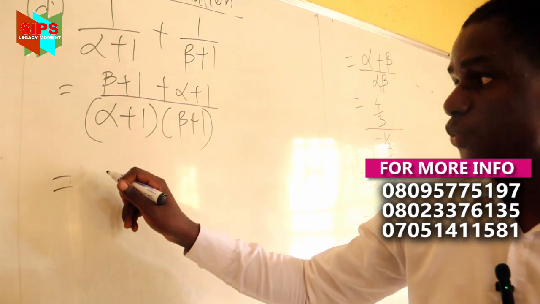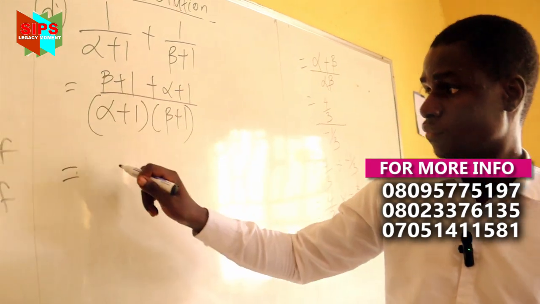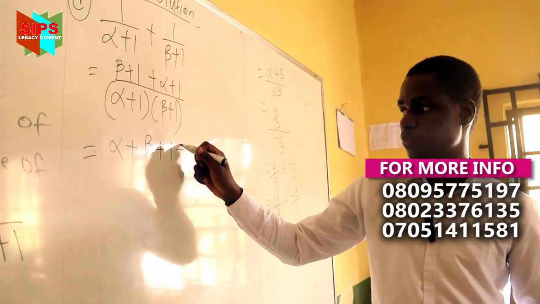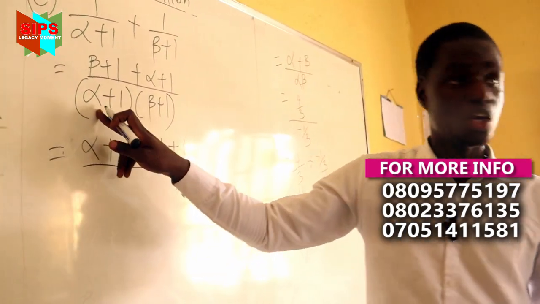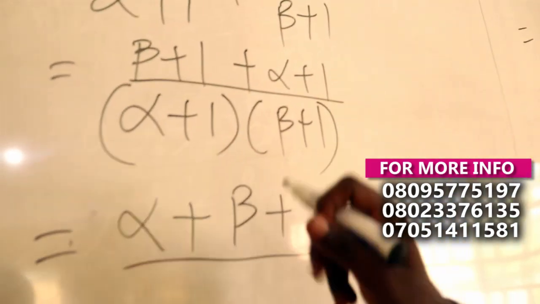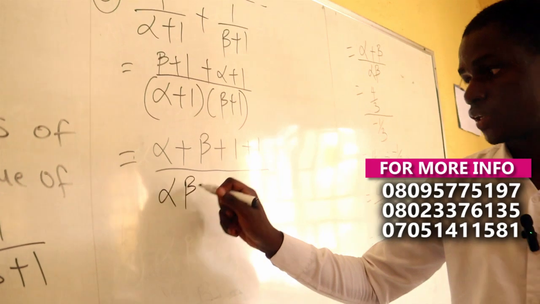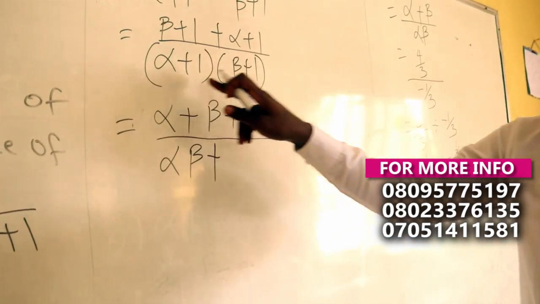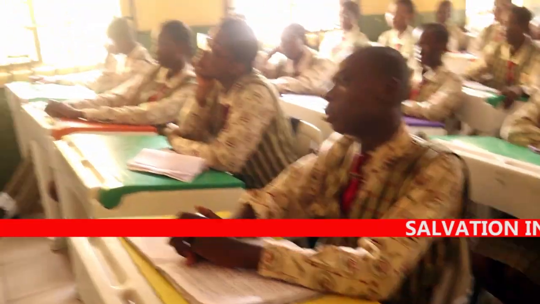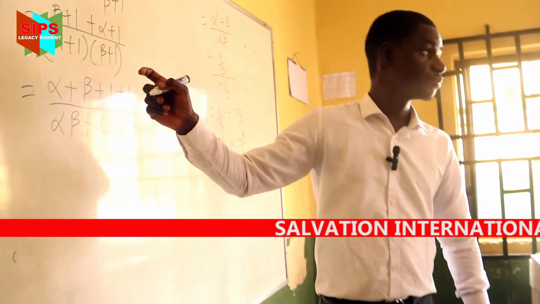So expressing that, we have alpha plus beta plus 1 plus 1 over, you open your bracket. Alpha times beta is what? Alpha beta. Plus alpha times 1, alpha plus 1 times beta, beta plus 1 times 1.